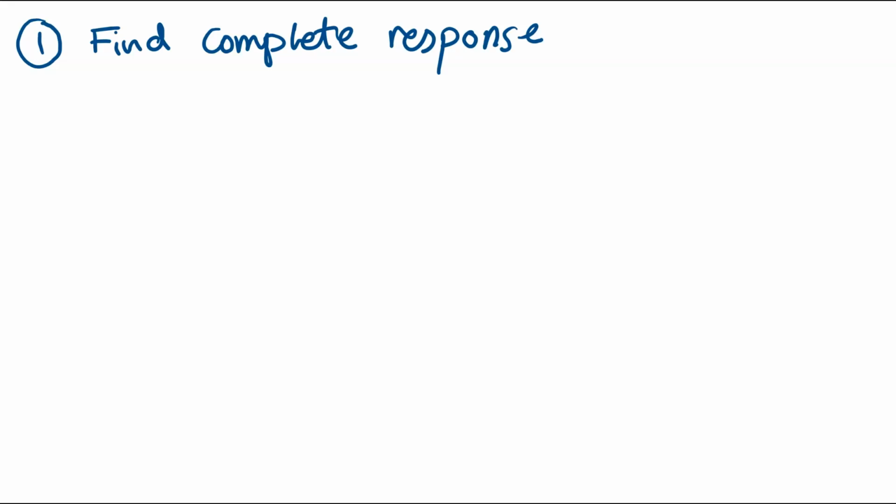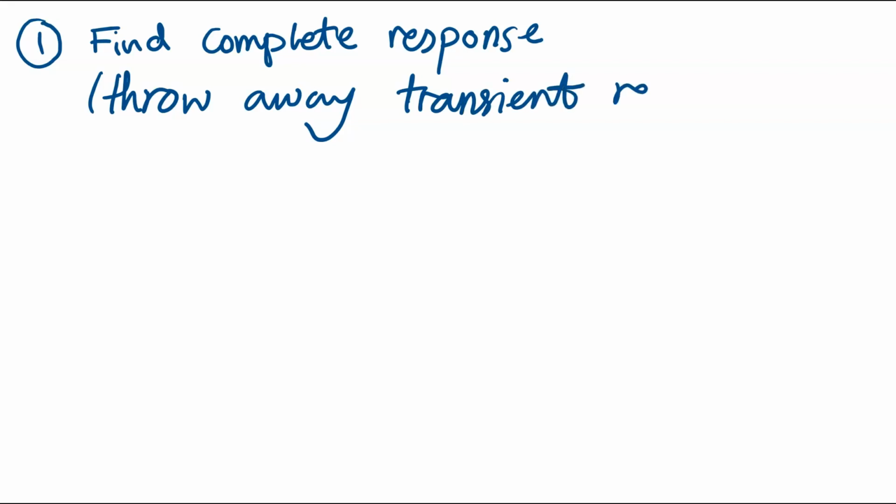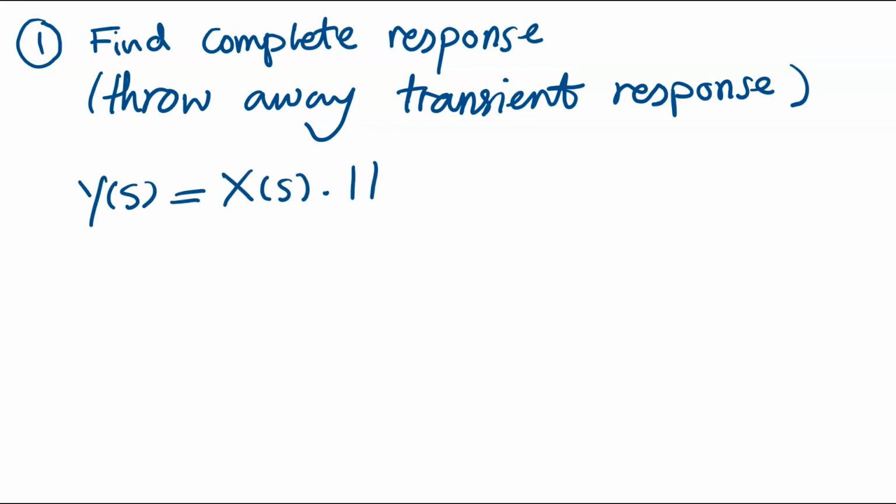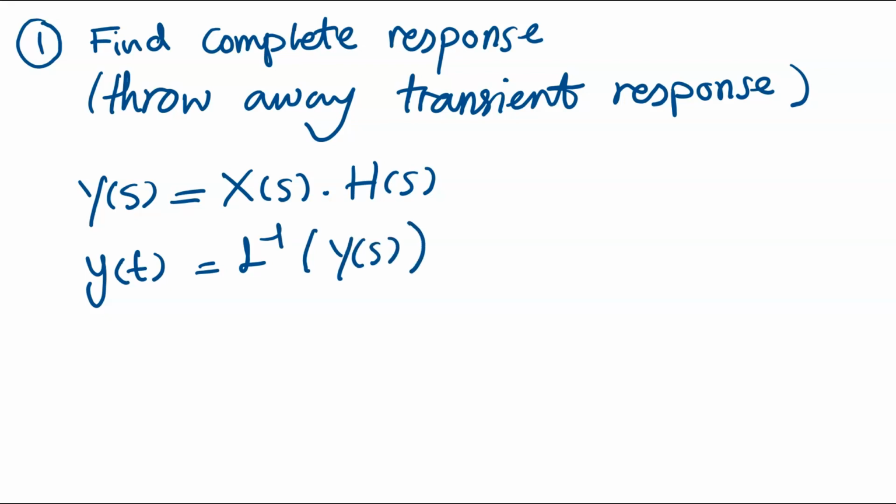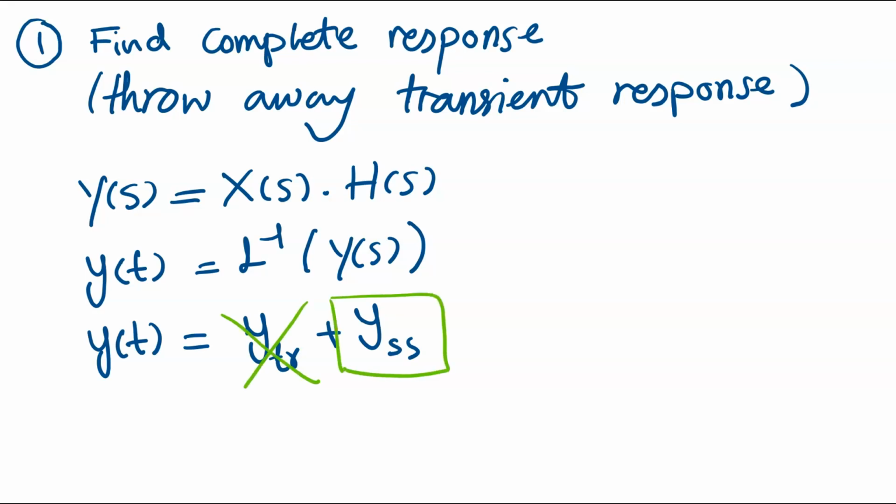Basically, you can say that your Y of s is equal to your X of s multiplied by H of s. Then when you have your Y of s, the next step is to calculate your y of t, which is the Laplace inverse of Y of s. And finally, you can say this y of t has some components that are transient, and the rest of them are steady state. So you can throw away the transient part and keep the rest as your steady state response.